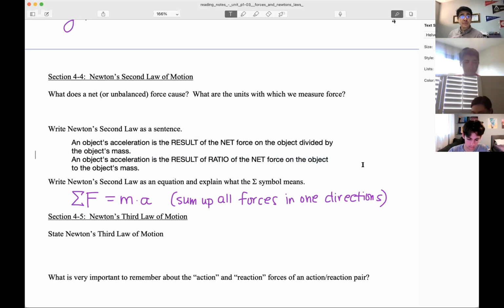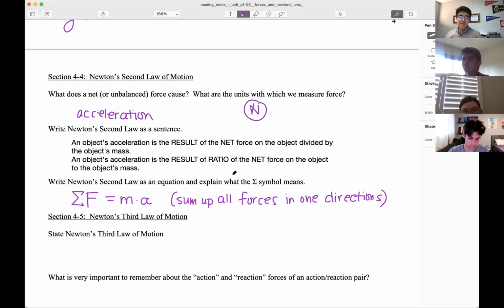And we have to use the word result here, right? Because the idea is that if I push something with a force, then it results in the acceleration. So that goes to part 1 then, right? A net or unbalanced force causes acceleration. And you should know this part by now: we measure forces in newtons.